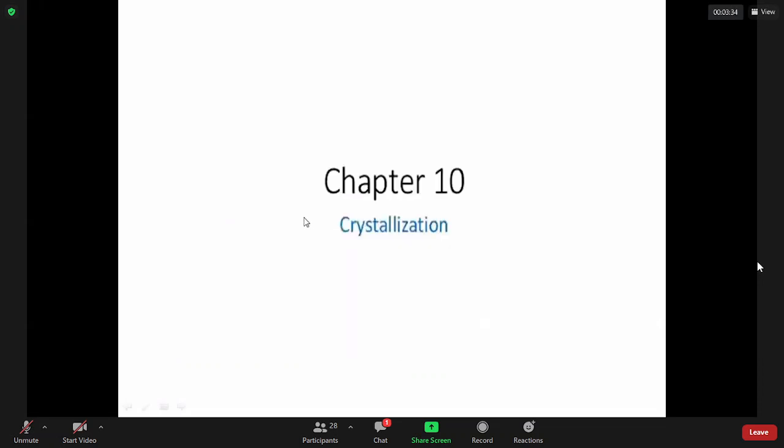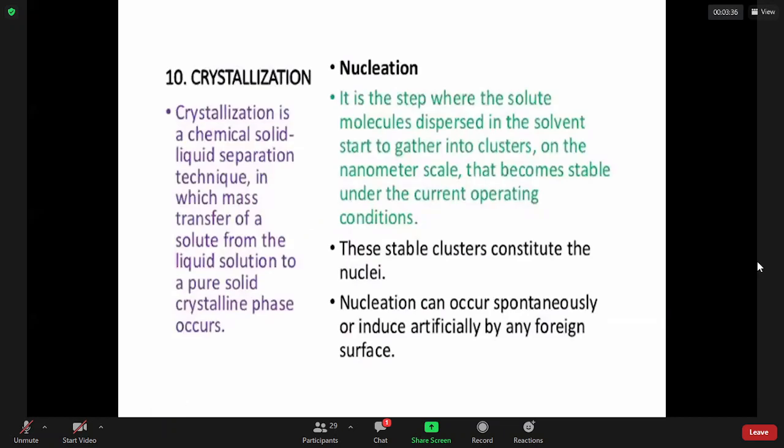Crystallization is also another process. It's a unit operation. Crystallization is a chemical solid-liquid separation technique in which the mass transfer of a solute from the liquid solution to a pure solid crystalline phase occurs. So we have seen, for example, when you want to separate salt from water, you concentrate it.